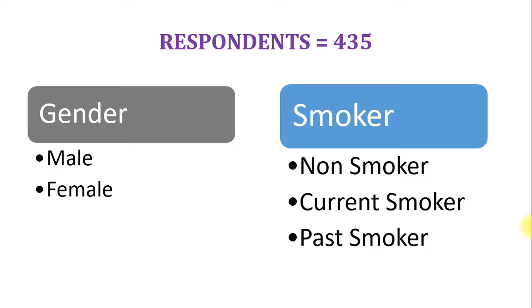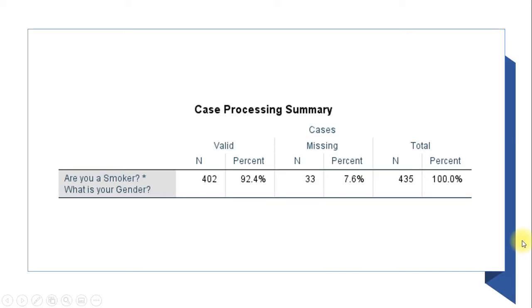So when we use SPSS, the first thing that comes before us is the case processing summary. This is the first thing populated by SPSS. They showcase that in this processing summary, the total N is 435, which is my respondents.